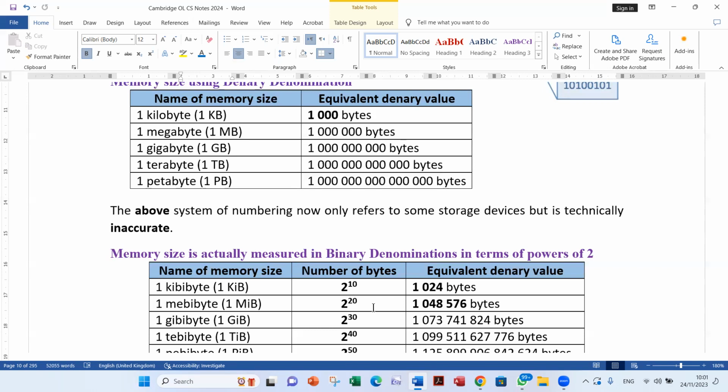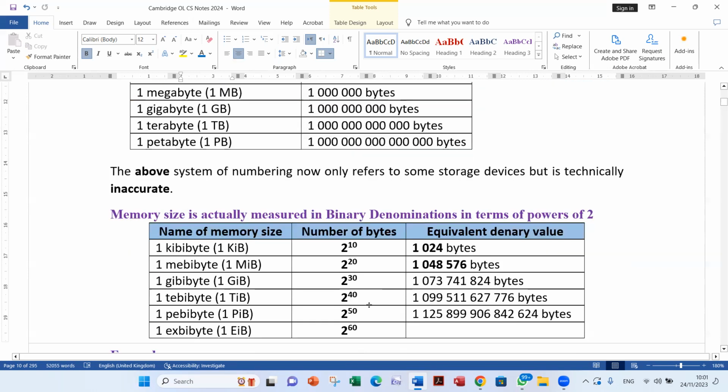If you have kibi, mebi, gibi, tebi, pebi, and maybe also exbi, I have seen that in an exam, everything is 1,024 times the one before. Or you can say kibi is 2 to the power of 10, mebi is 2 to the power of 20, gibi is 2 to the power of 30, then 40, 50, 60.